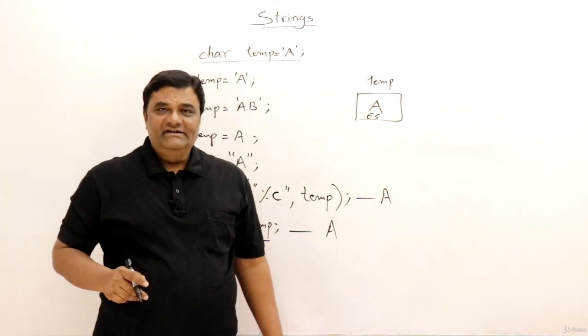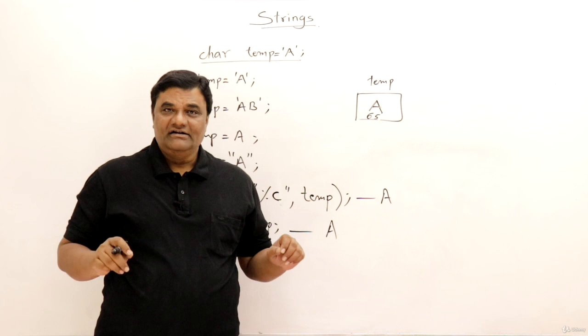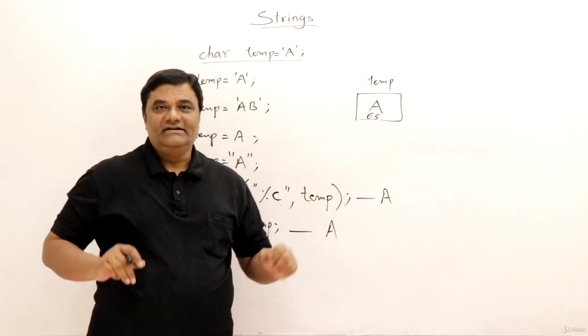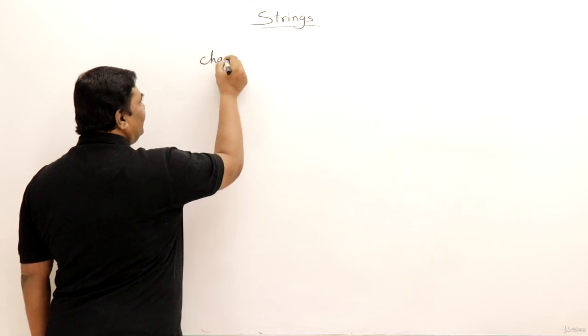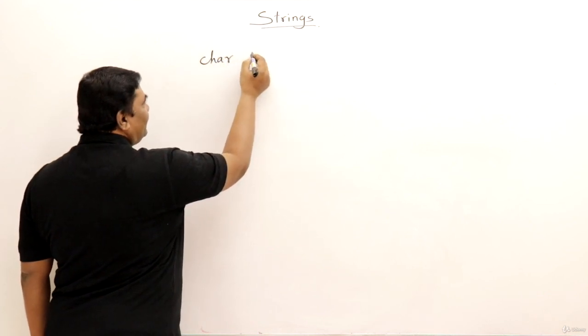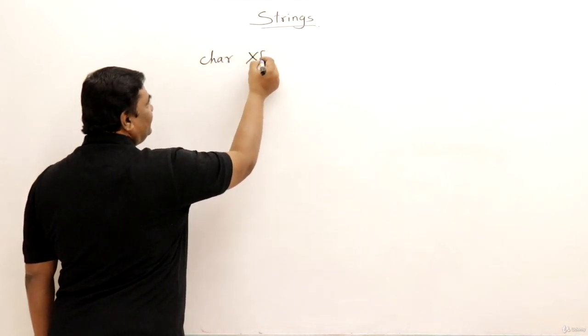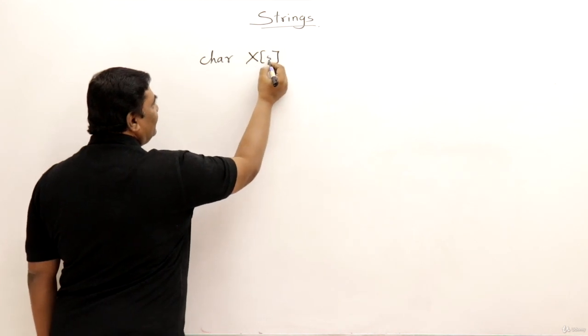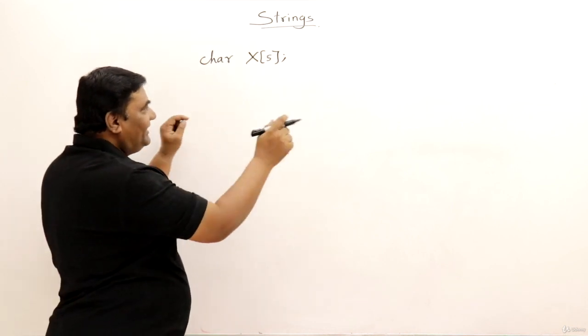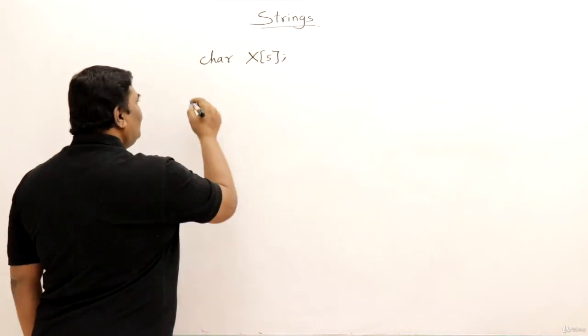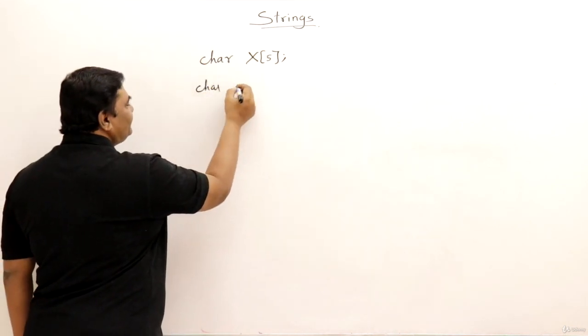Now next we will see what a character array is, how I can create an array of characters. For creating an array of characters, just like any other array, I will take an array name X, mention the size, so an array of size 5 characters will be created. Now, can I initialize this? Yes.